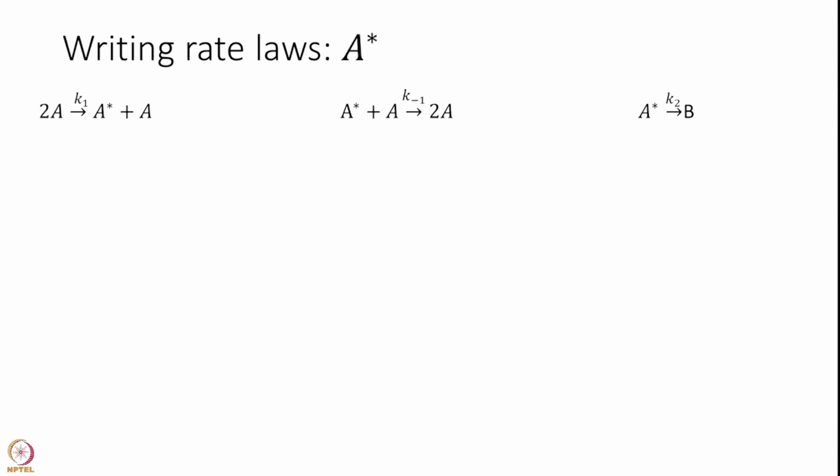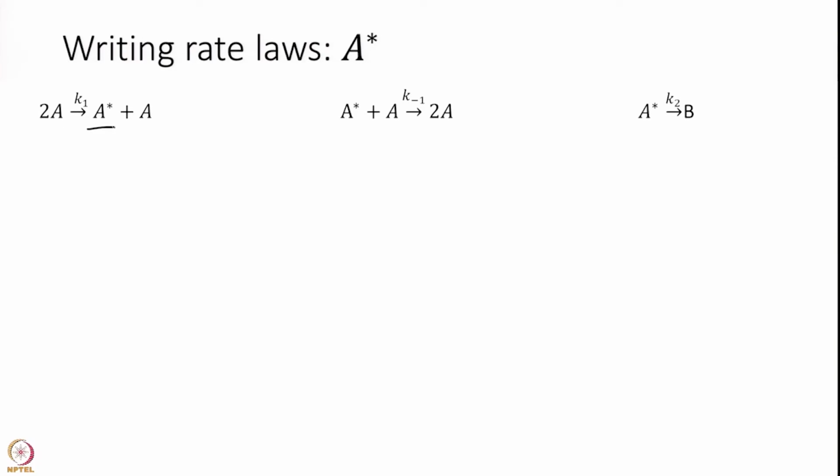We move on to A star. Again I ask you, where all do you see A star in all of these equations? I find A star is here, I find A star is here, and I find A star is here. So, all I have to do is to take the components of each of them and add them together. So, I write dA star over dt. dA star over dt for the first one will be K1 into A square.